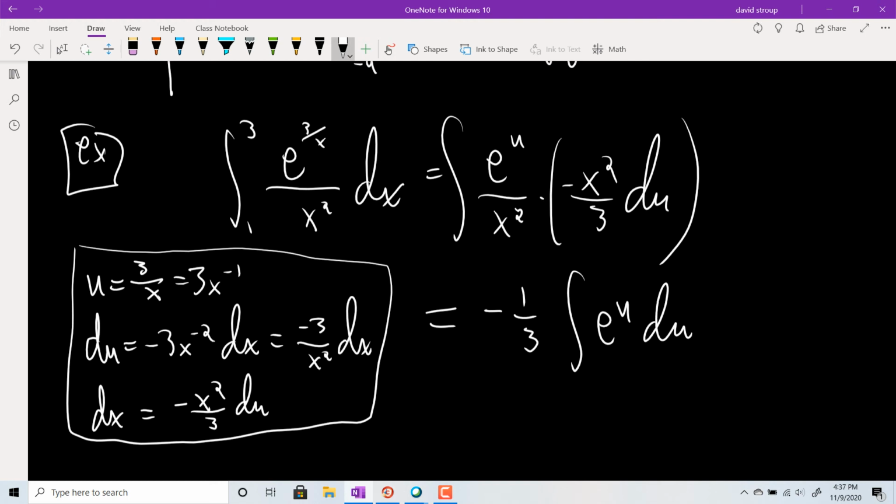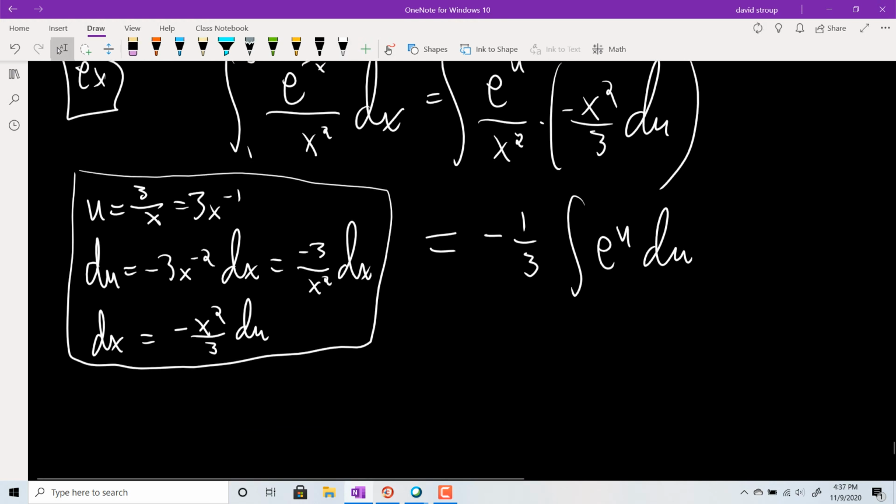Okay, so now I'm going to change my limits on my integral. So I need u of 3 and u of 1. Because u is 3 over x, u of 3 will be 3 over 3, which is 1.